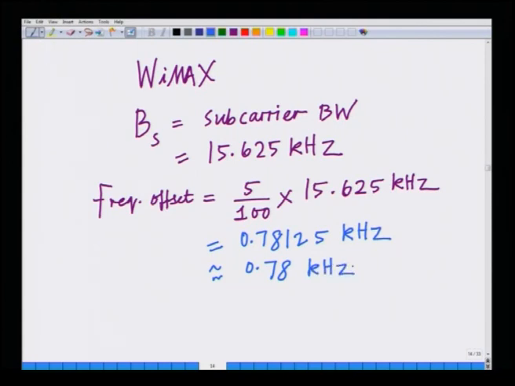Alright, so the absolute frequency offset of 5% in this WiMAX system means that it is about 0.78 kilohertz, but WiMAX, we said, operates in the 2.4 gigahertz band.